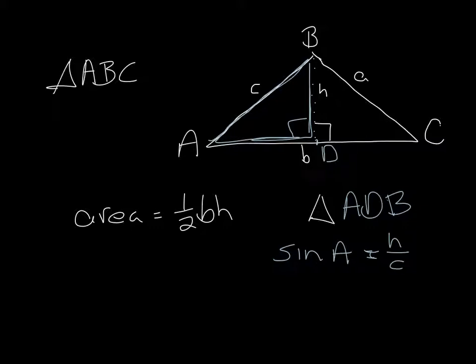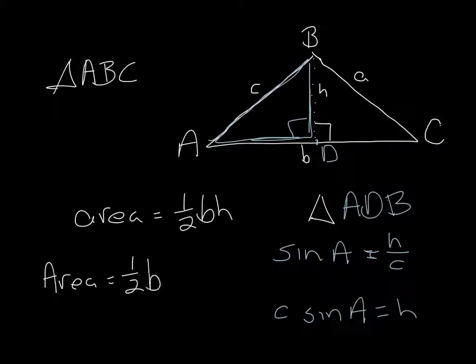Solving for h, if I multiply both sides by c, I will have c multiplied by sine of A equal to h. So let's use that h to plug back into our formula on the left. My area is going to be equal to 1/2 multiplied by my base multiplied by my new c sine of A.